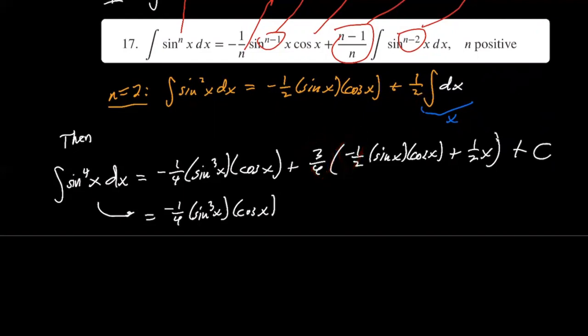So that's -3/8 sine x cosine x. And then we also multiply the 3/4 times this term, and we get another 3/8 x plus c. Wow.